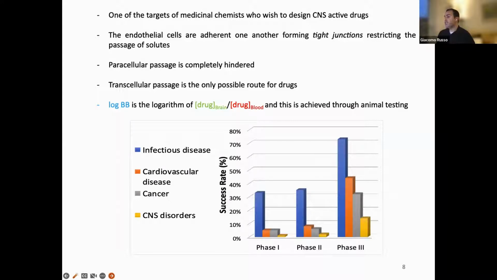This is typically achieved through animal testing, so there's no other way to achieve this log-BB. And of course, the sacrifice of animals is unfortunately foreseen, so it's not really a cruelty-free way to test the capabilities of drugs to cross the blood-brain barrier.